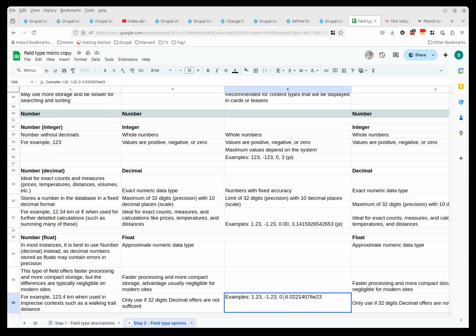The idea was just trying to demonstrate the same numbers in each system. Though perhaps rather than 1.23, it should be 123.123 or 123.23 or 123.45, just to demonstrate that the decimal points are after, I don't know.